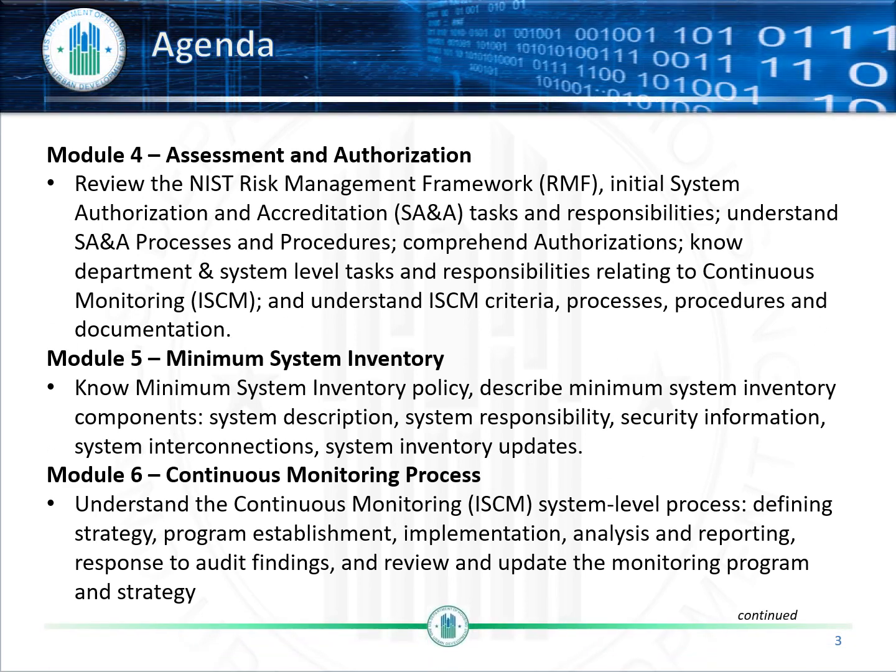Module 4, System Assessment and Authorization, will review the NIST Risk Management Framework, or RMF, Initial System Authorization and Accreditation, or SANA, tasks and responsibilities, understand SANA processes and procedures, comprehend authorizations, know department and system level tasks and responsibilities relating to continuous monitoring, and understand ISCM criteria, processes, procedures, and documentation.